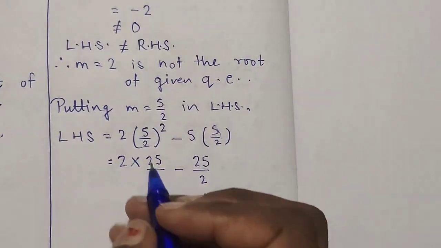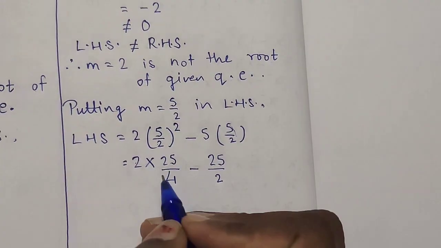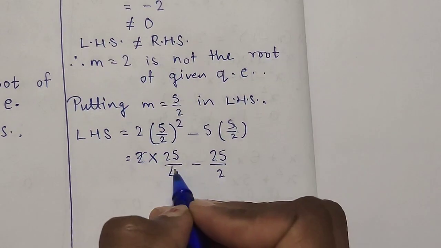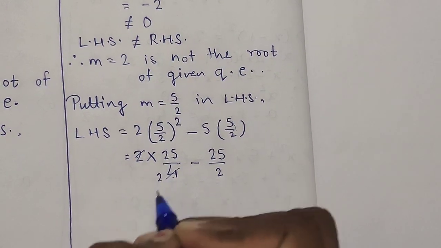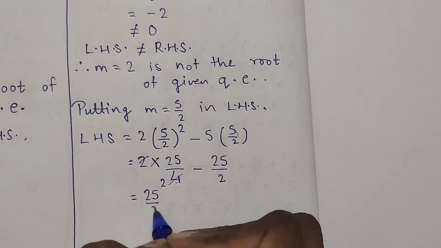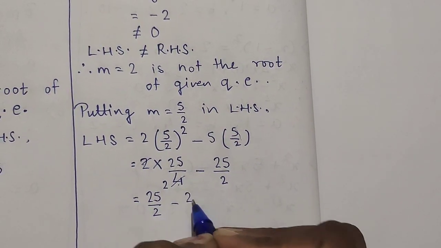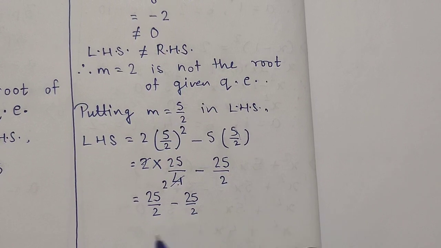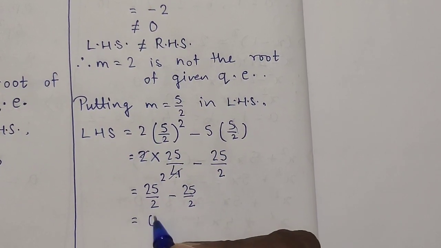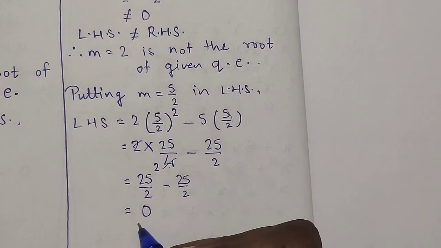Now you can see, students, here you can cancel this 2 with this 4. So 2 times 2 is 4. So what you got here? 25 upon 2 minus 25 upon 2. So 25 upon 2 minus 25 upon 2 gives you 0, because same minus same is always 0, right?